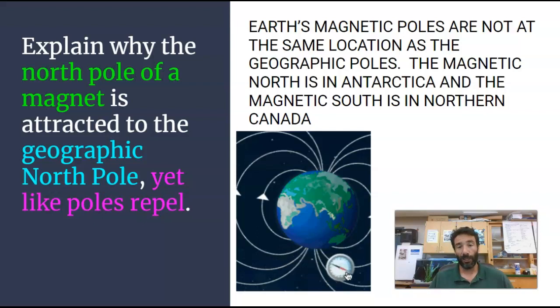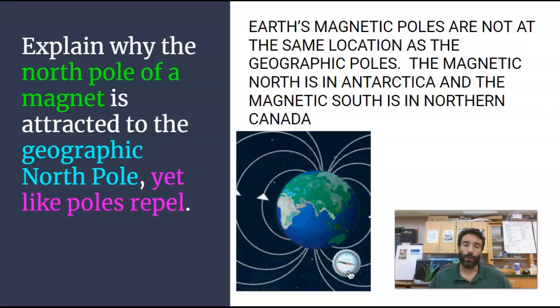The North Pole in northern Canada is the geographic North Pole. The magnetic poles are the opposite. So the magnetic North Pole is actually down in Antarctica, and the magnetic South Pole is actually in northern Canada.